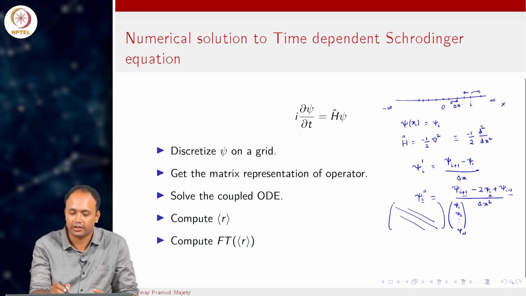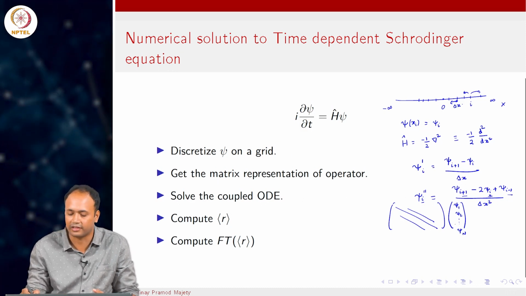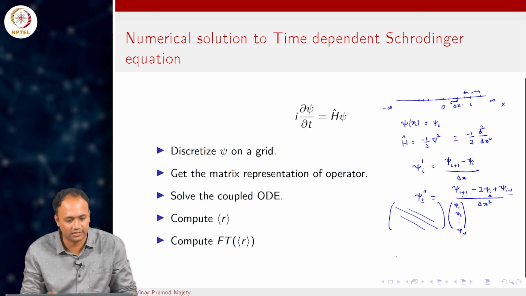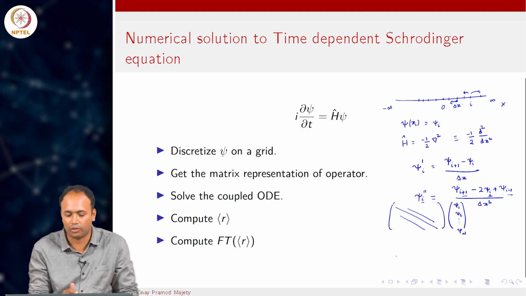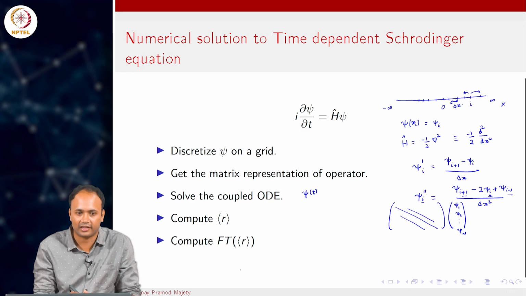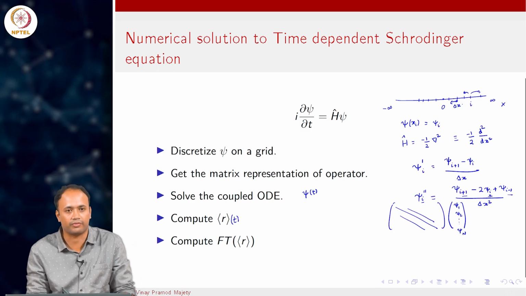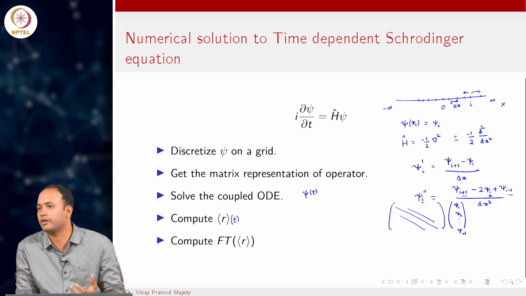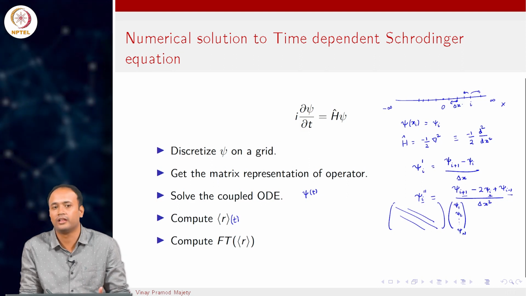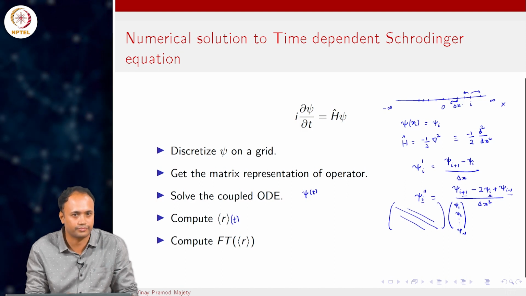I differentiate this psi, but psi is now represented on grid points. So I get a set of coupled ordinary differential equations that can be solved. Once I solve it, I have psi as a function of time, and that psi as a function of time can be used to compute this expectation value, r as a function of time. And if I want to know what are the Fourier components in this polarization, what do I have to do? I do a Fourier transform, right. The Fourier transform will tell me what are all the frequencies in this time varying function.